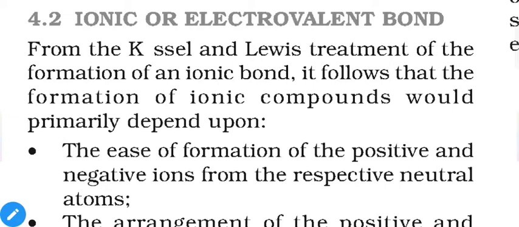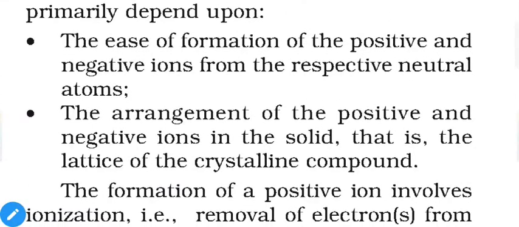From the Kossel and Lewis treatment of the formation of ionic bond, it follows that the formation of ionic compounds would primarily depend upon some conditions. First, the ease of formation of positive and negative ions from the respective neutral atoms. Suppose we compare a carbon and a sodium.